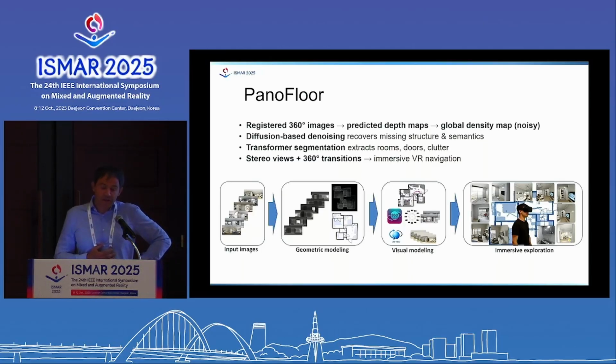We introduce a diffusion-based denoising method to do that. Then we introduce another transformer segmentation block to extract the rooms, the doors, and the clutter. And then we propose an immersive stereo view with 360 transitions between rooms in order to perform immersive VR navigation.